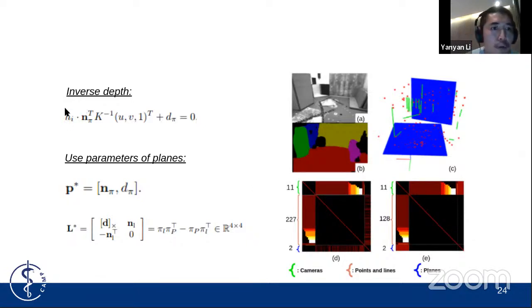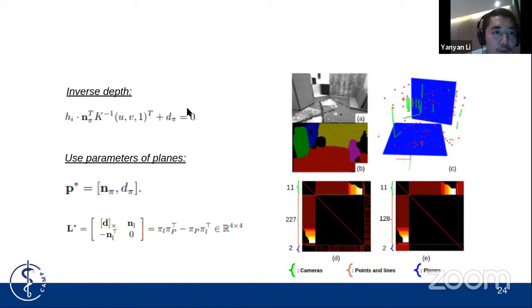And for the details, as you know, we have some very popular parameterization for points, like inverse depth. If you put this, n pi t and d pi, they come from the parameters of a plane.